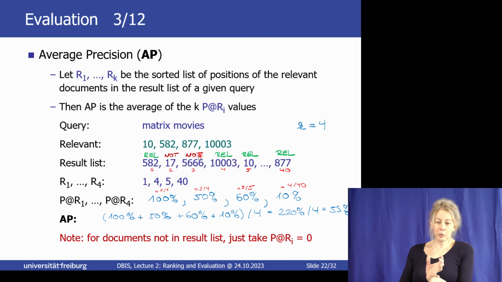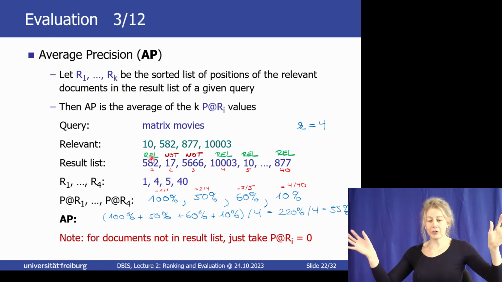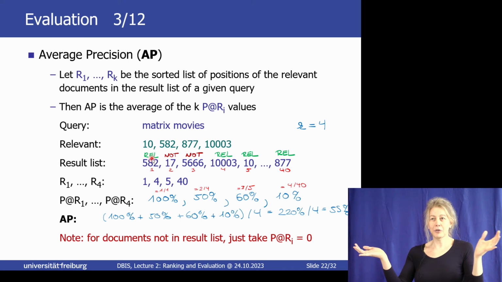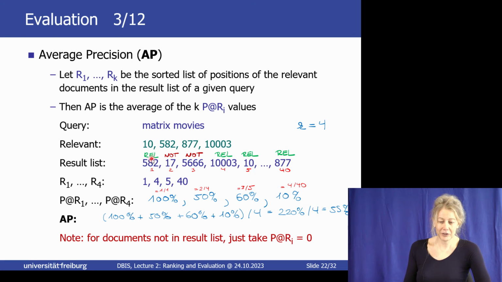It wouldn't be fair if my search engine, take this example, just returns one document and it's relevant. But there are 4 relevant documents. I shouldn't give it a score of 100%, right? Yes, it returned one relevant document at number 1, but the other 3 it just completely forgot. It didn't even return them. I shouldn't give this engine a 100% score. It will get a 25% score.